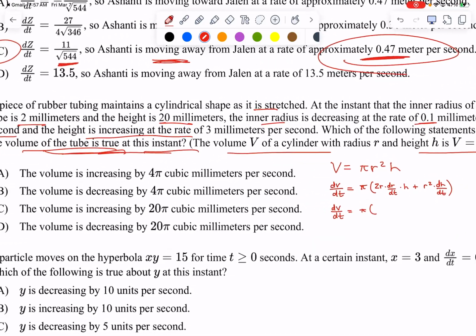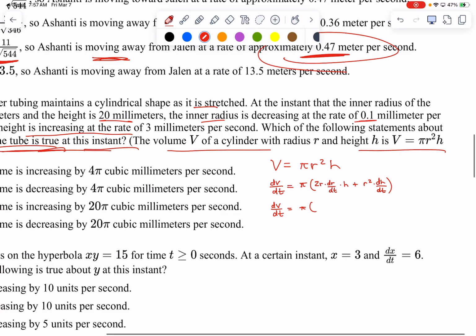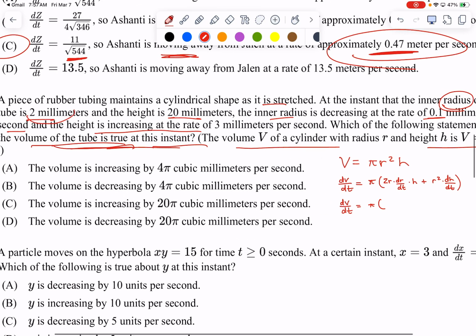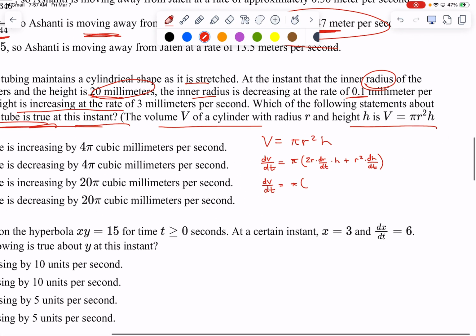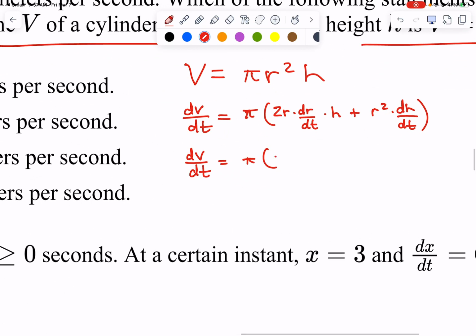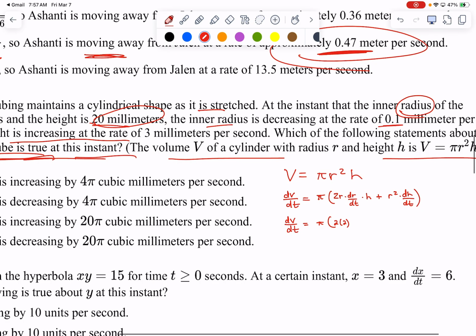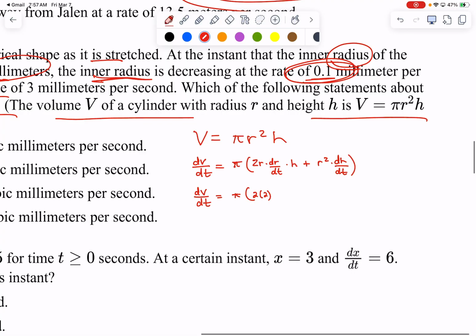Yep, the radius is 2 and the height is 20. And they give you the rate of change for the radius. The inner radius is decreasing at 0.1 millimeters per second. So we've got 0.1, and since it's decreasing, we have to put in a negative.